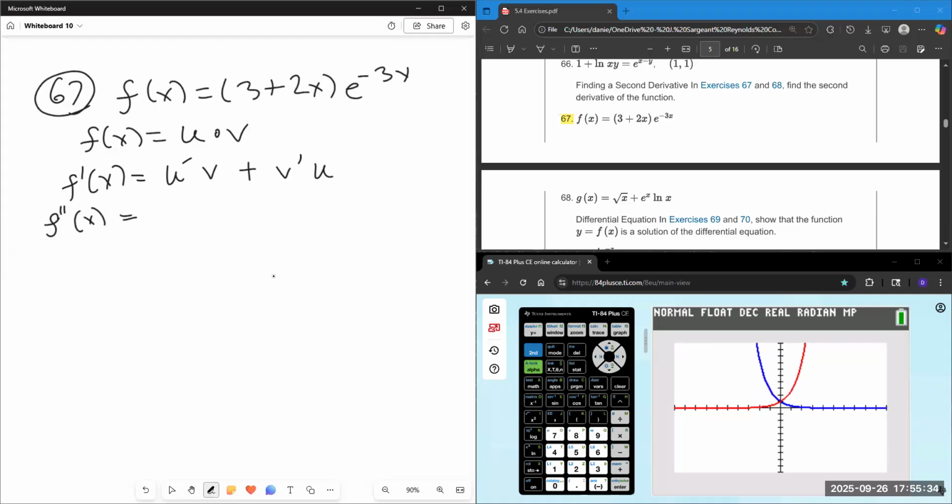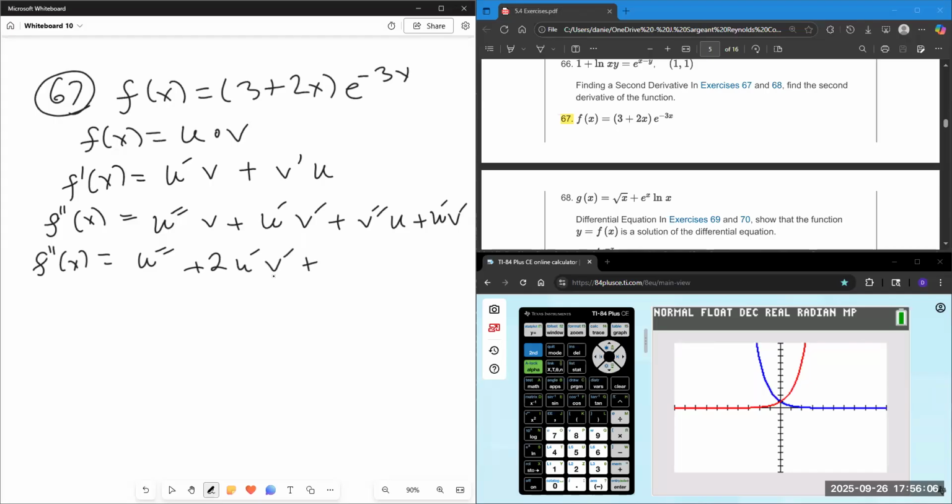Taking the derivative of the first part, leave the second part alone, plus leave the first part alone and differentiate the second part, plus differentiate the first part, leave the second part alone, plus differentiate the second part, leave the first part alone. So f double prime of x is u double prime v plus 2 u prime v prime plus v double prime u.